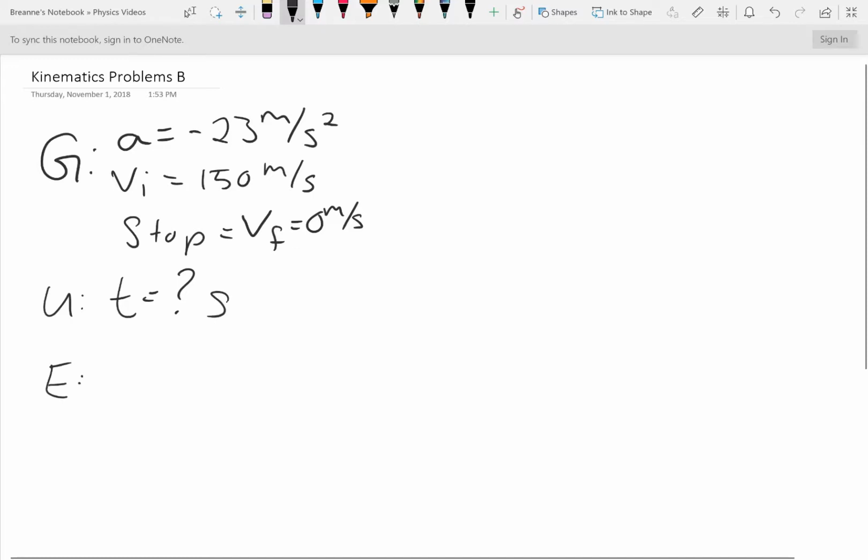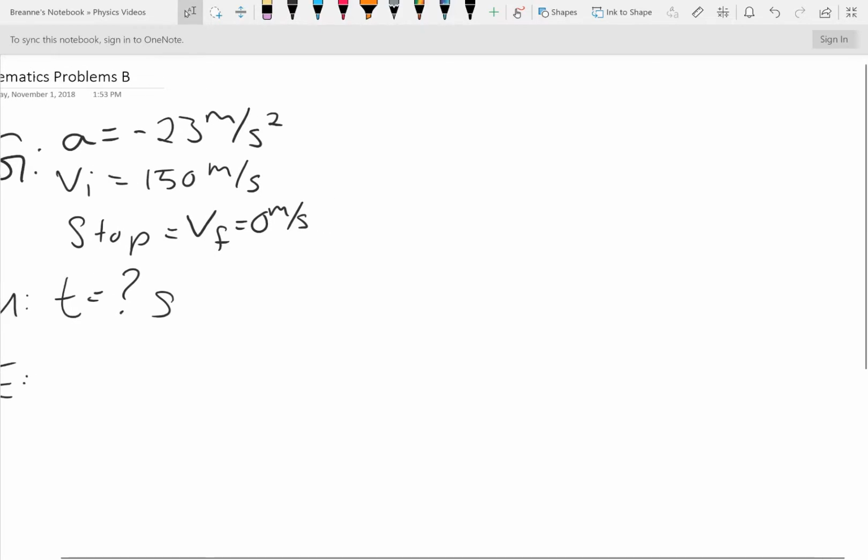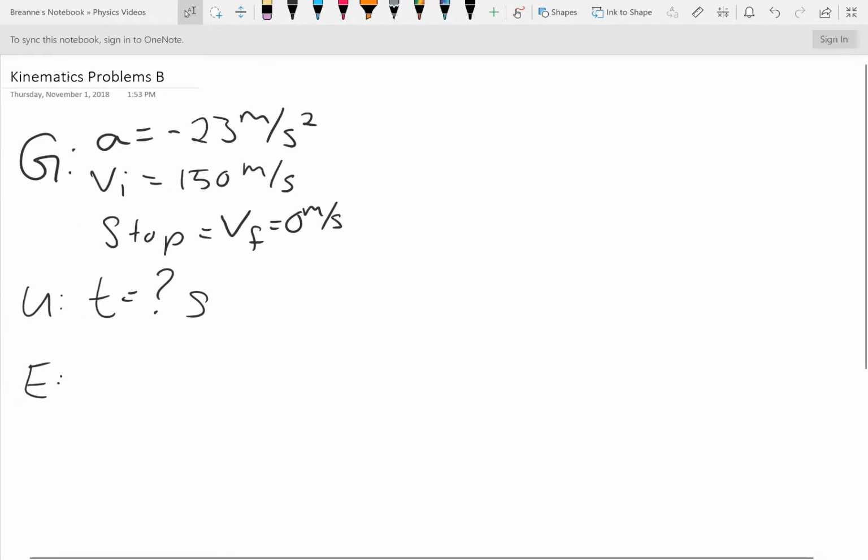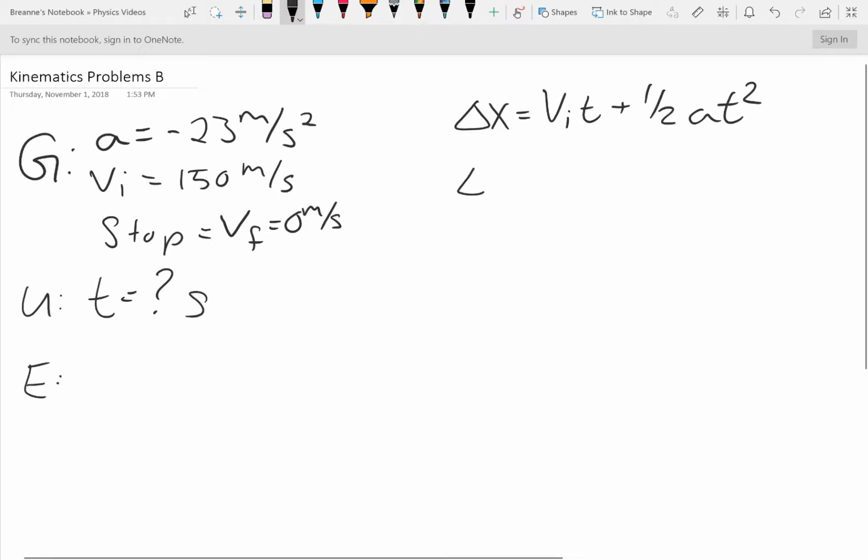Now, equation. A lot of people are having trouble knowing what equation to use. So let's write out all our equations. We have delta x equals V initial times t plus 1/2 a t squared. We have delta x equals 1/2 times V final plus V initial, times time.